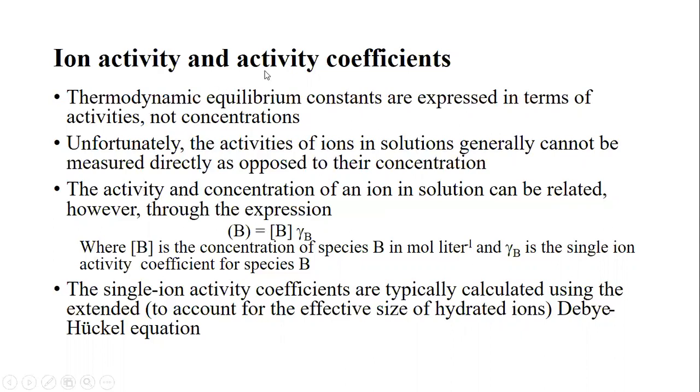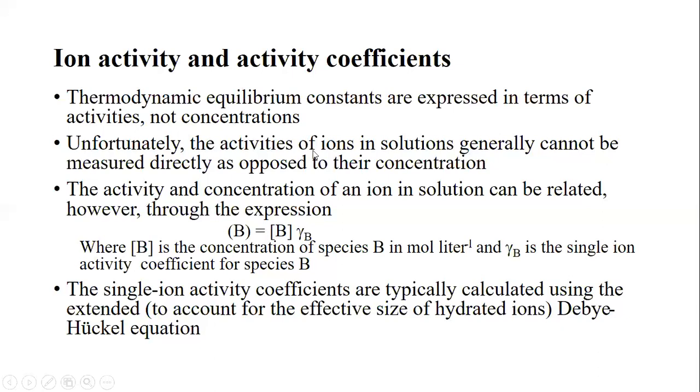Ion activity and activity coefficients. Thermodynamic equilibrium constants are expressed in terms of activities, not concentrations. We have already seen that in the last lecture. If you remember, we differentiated between thermodynamic equilibrium constant and conditional constants.